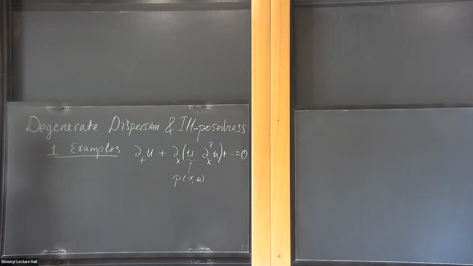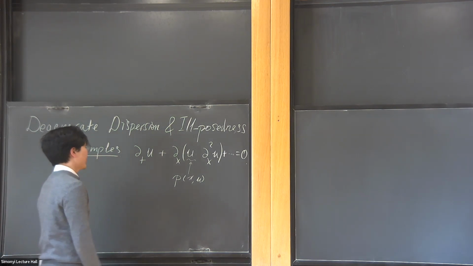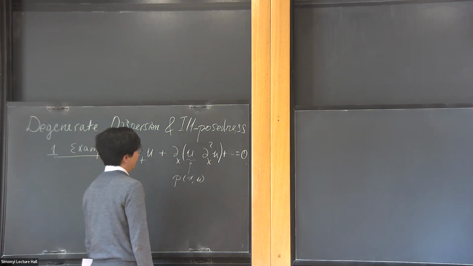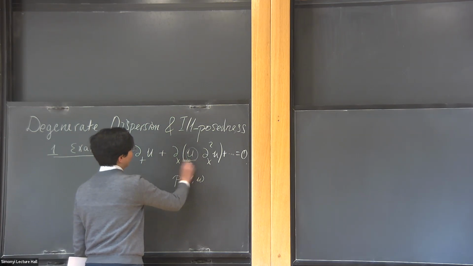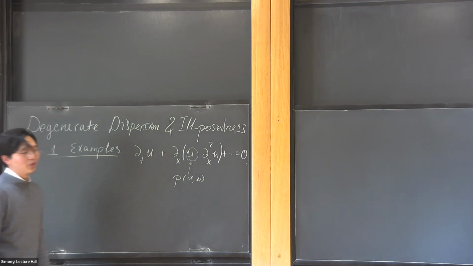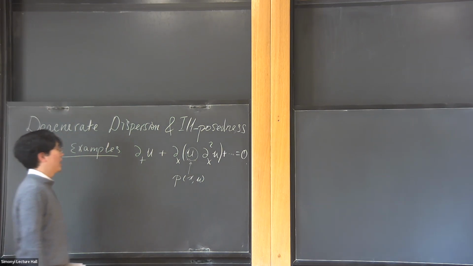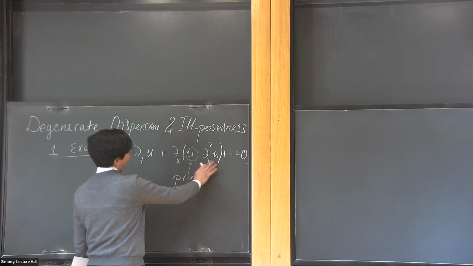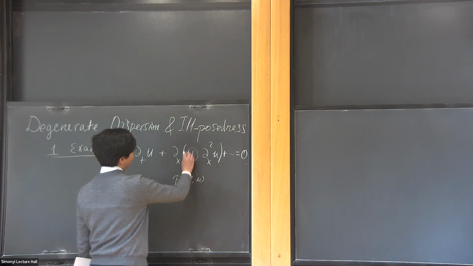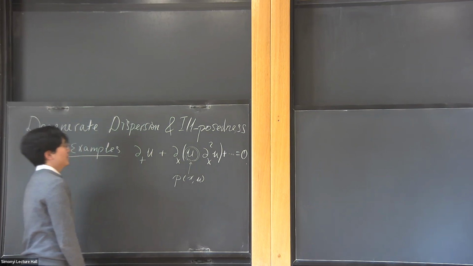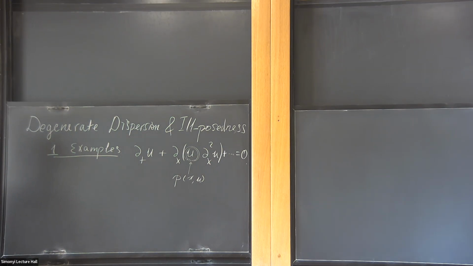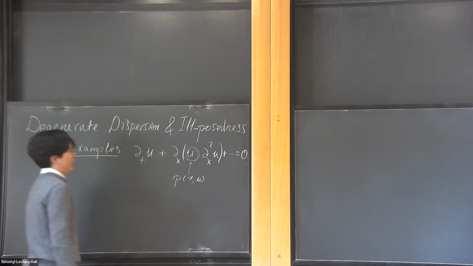magnetohydrodynamics. And okay, so these equations appear in physics, and the interesting thing happens when the solution u vanishes at a point, because then the coefficient of the leading order term vanishes, and this is called degenerate dispersion. The leading order term is dispersive, but it is degenerate at a point.